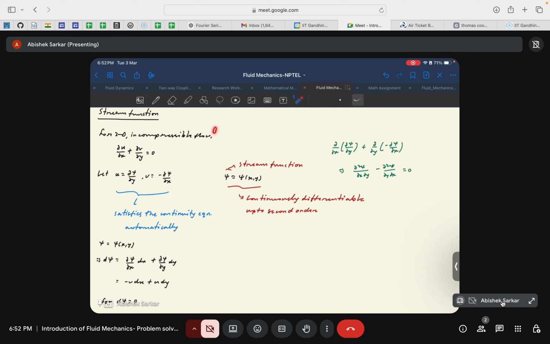Again, there is a star in the scenario: by definition we said it is defined for incompressible flows, but for special types of questions, the examiner might ask how the stream function could have been defined if the flow was compressible. Then also there are ways to define it.